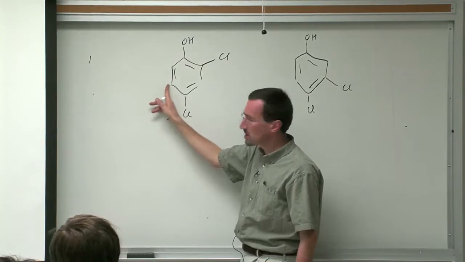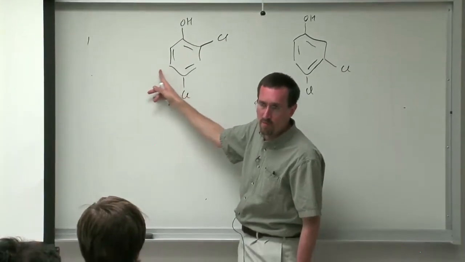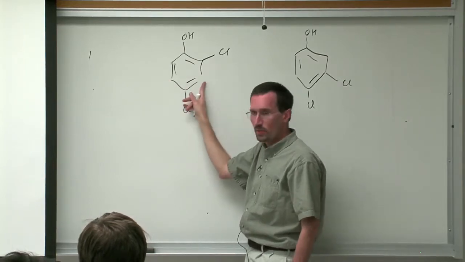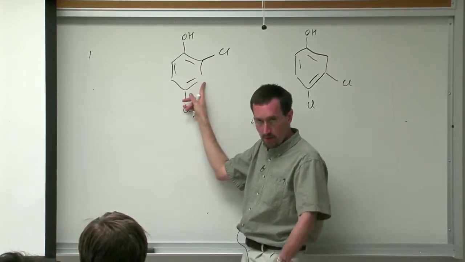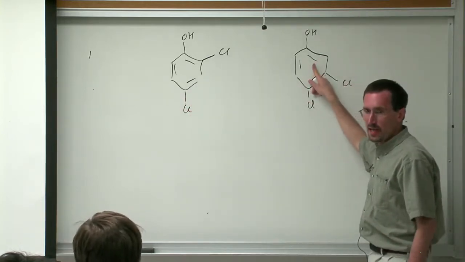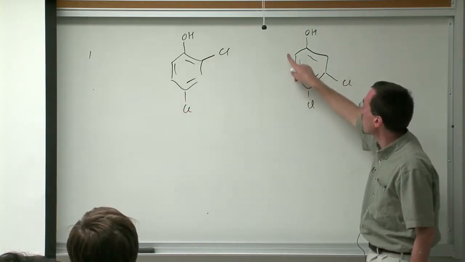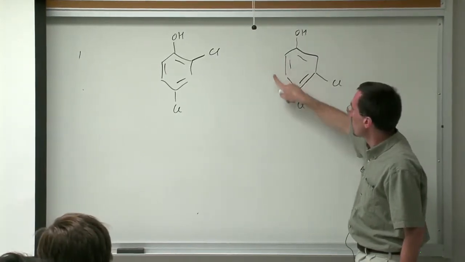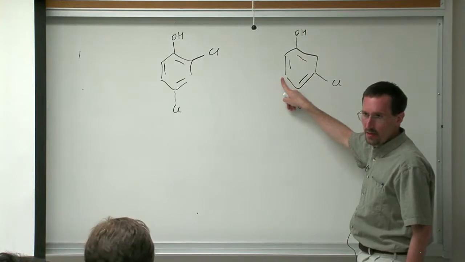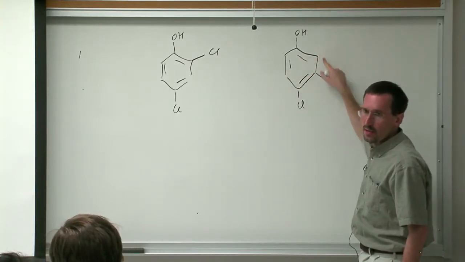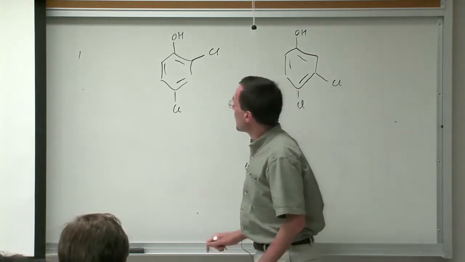So we'd expect a doublet of doublets with a big J of about 7 and a small J of 3. And this one we would expect to be a doublet with a small J of 3. And you would expect this exact same pattern of coupling here: a doublet of doublets with a big J and a small J, a doublet with a big J, and a doublet with a small J. So we wouldn't be able to tell them apart.